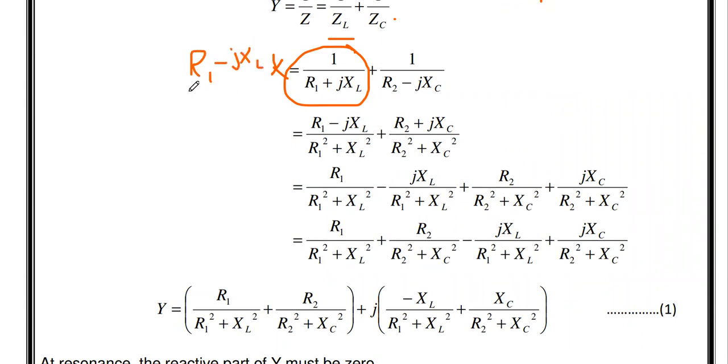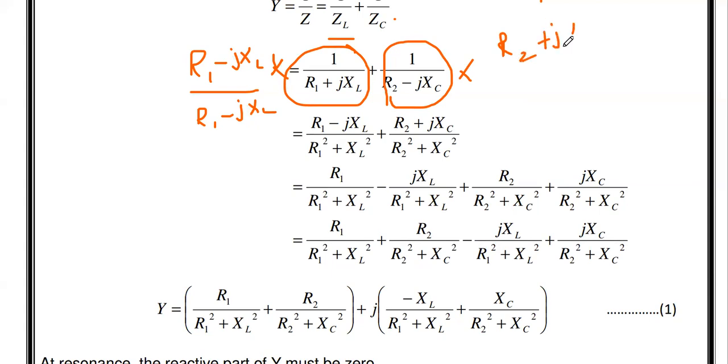You multiply the numerator and denominator of the first part by R1 minus jXL. Similarly, you multiply the second term by its complex conjugate. What is the complex conjugate of its denominator? R2 plus j into XC. So you multiply numerator and denominator by R2 plus jXC.